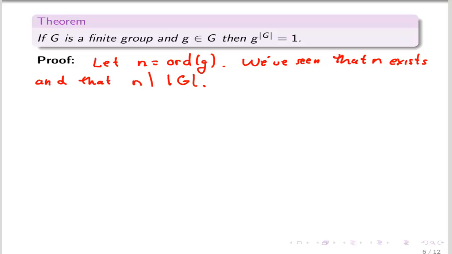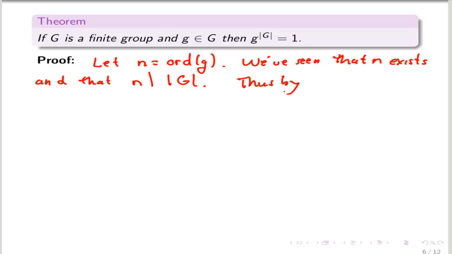Well, okay, so that was a couple lemmas ago. Then we just proved a lemma that says if n is a divisor of the group order, then g raised to this order must equal 1.